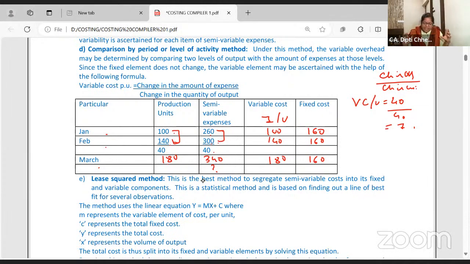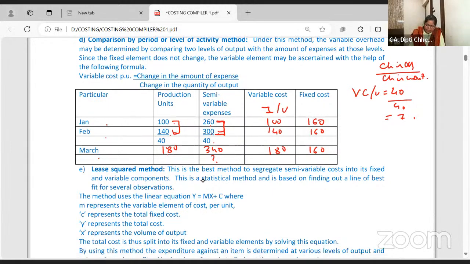This is how you segregate semi-variable overhead. I am always saying, in semi-variable overhead, the change is only because of the variable element. So change in overhead by change in units, that is the formula. Okay, right.